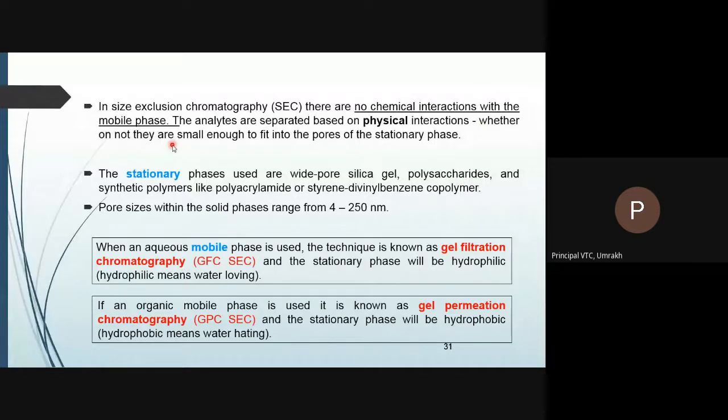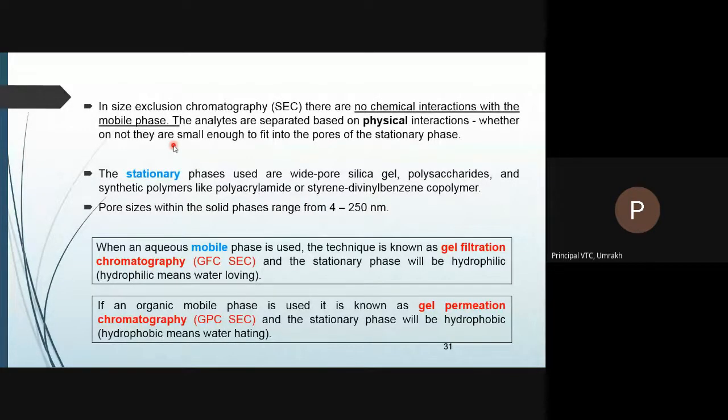If your molecule or analyte has a very small particle size, then it will enter into the pores of the packing material, and it will remain for more time in the stationary phase. But if it is of very large size, it will take less time to elute out.